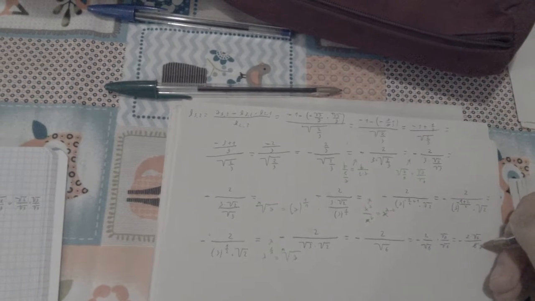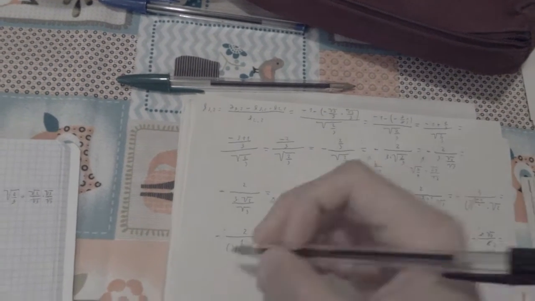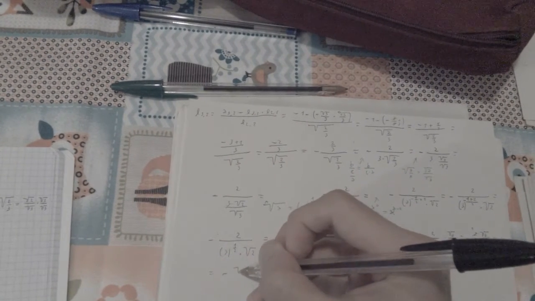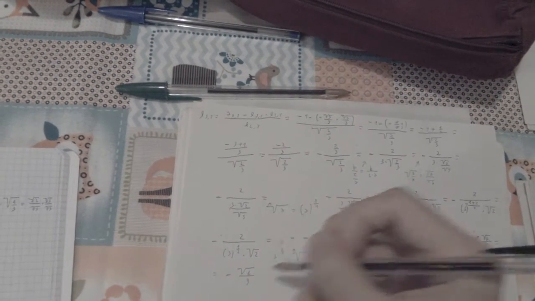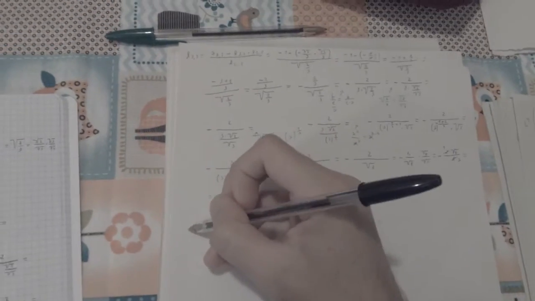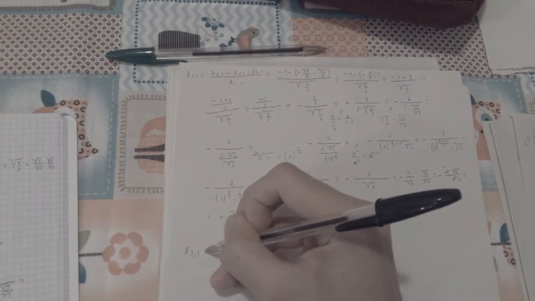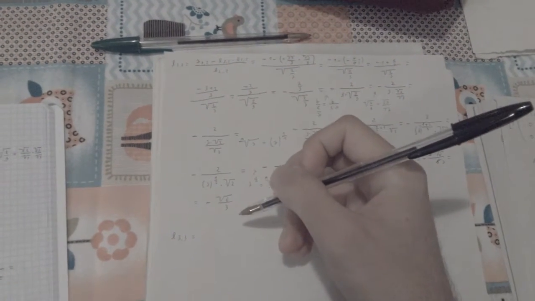I can simplify it, so I get 3, 1. And therefore, I get negative square root of 6 over 3 for L31. Okay, and now we only have to find L33, which is the very last one.